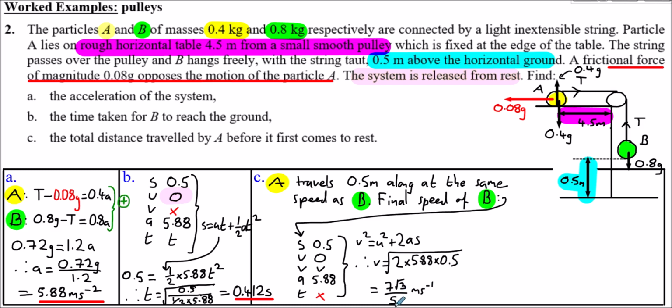Then what will happen after that, the string will go slack, the tension disappears, then we need to find the new acceleration of A. So we can write this down, if nothing else for our own mental clarity. So string goes slack, in other words, T disappears.